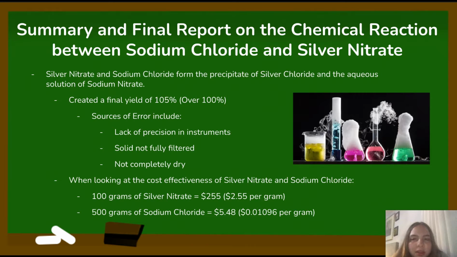Now, this is something important to remember, because any extra product will ultimately cost more money in the real world. It is seen that 100 grams of silver nitrate cost $255, while 500 grams of sodium chloride costs $5.48, which aligns with our limiting reactant silver nitrate because silver nitrate will cost more per gram than sodium chloride.